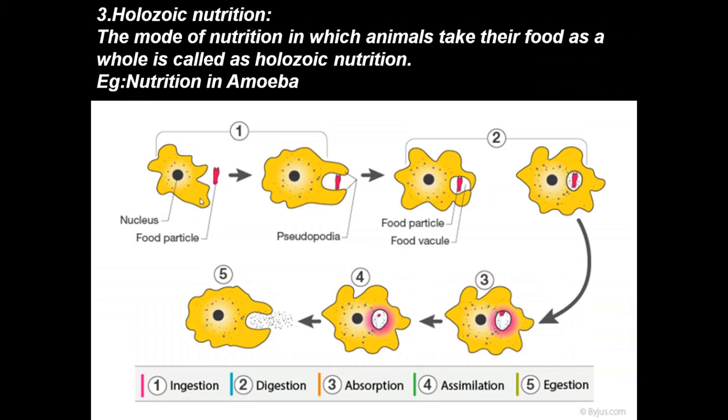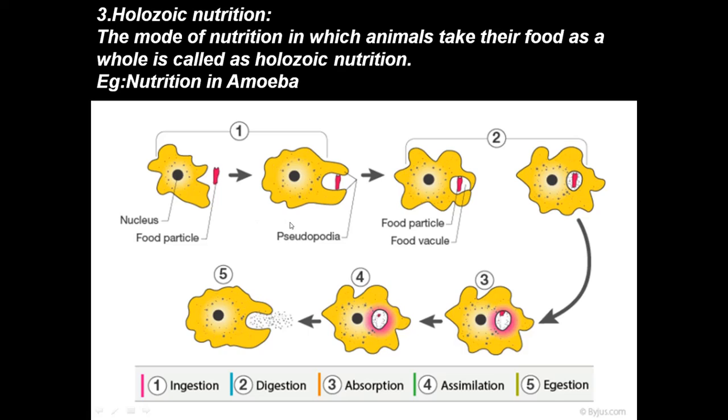Now let us move on to the next type of nutrition, holozoic nutrition. Holozoic nutrition is a mode of nutrition in which animals take their food as a whole. A simple example is amoeba. So amoeba performs the holozoic mode of nutrition.